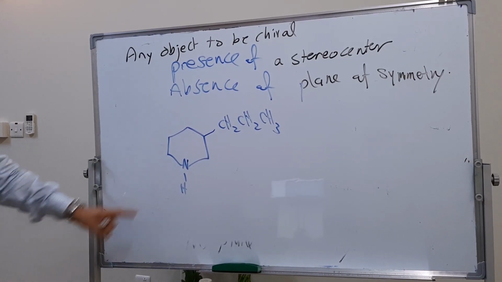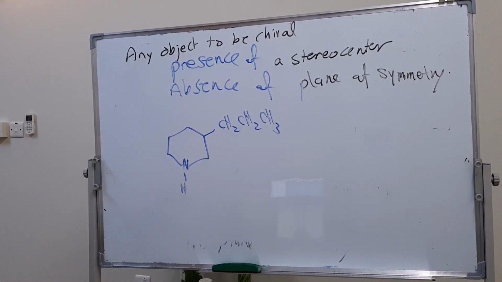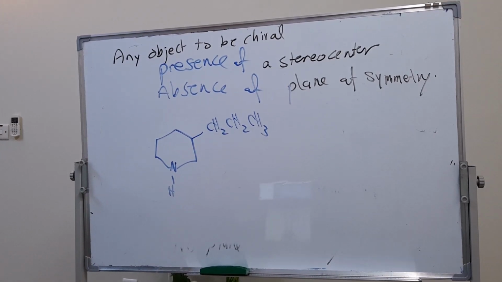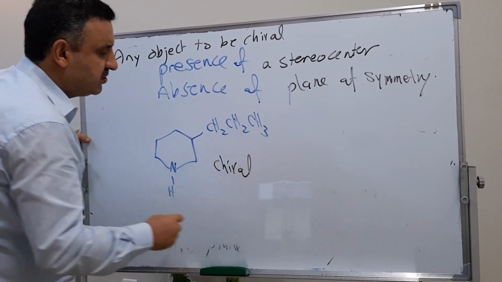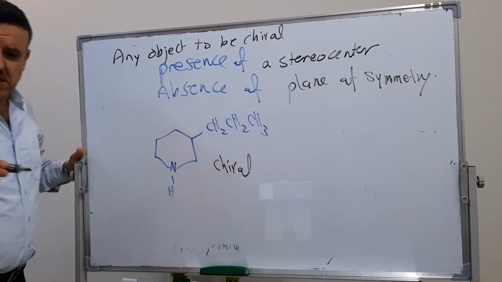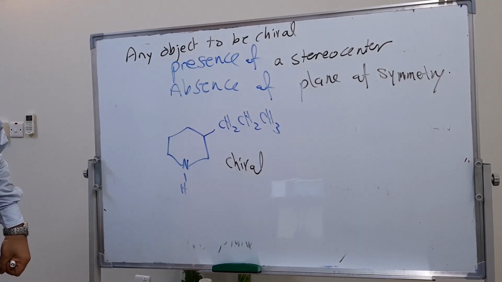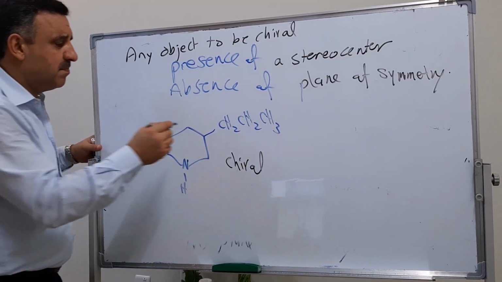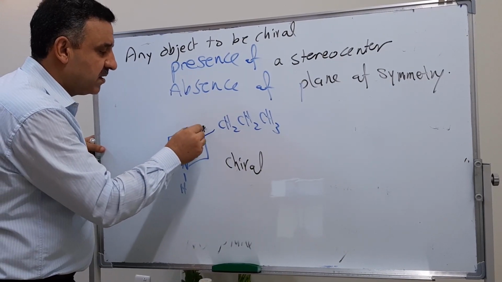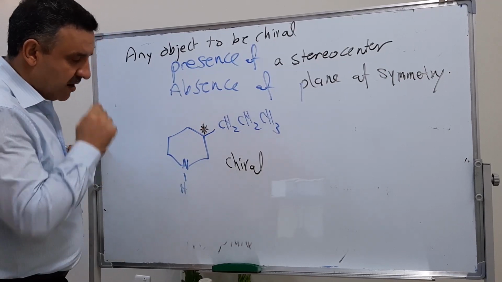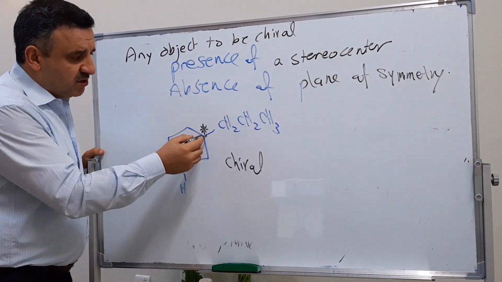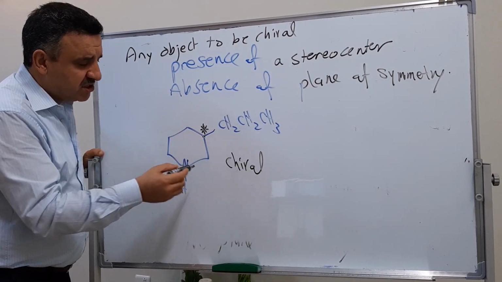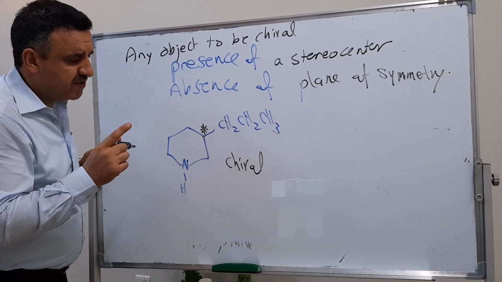Okay, so is this compound chiral or achiral? Actually, this compound is chiral. Why? Because it contains a stereocenter. Let's simply assign the stereocenter with a star like this here. Do you follow me? Now, this carbon here is a stereocenter because it is connected to four different groups or atoms.